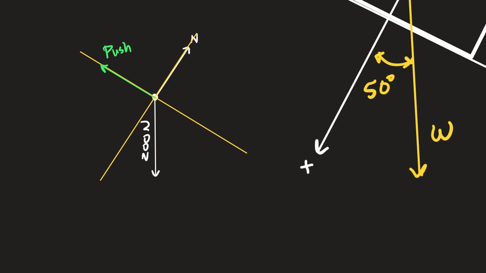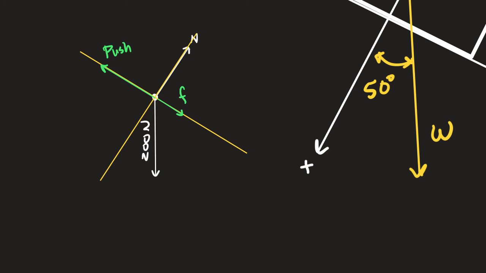The box is moving up the ramp, so friction would have to be drawn down the ramp. It opposes motion. So these are the forces that act in the system, and on a free body diagram, that's what it should look like. Any question about any of these?